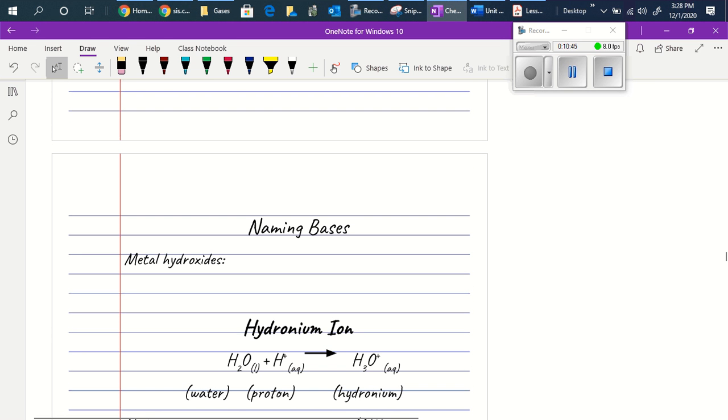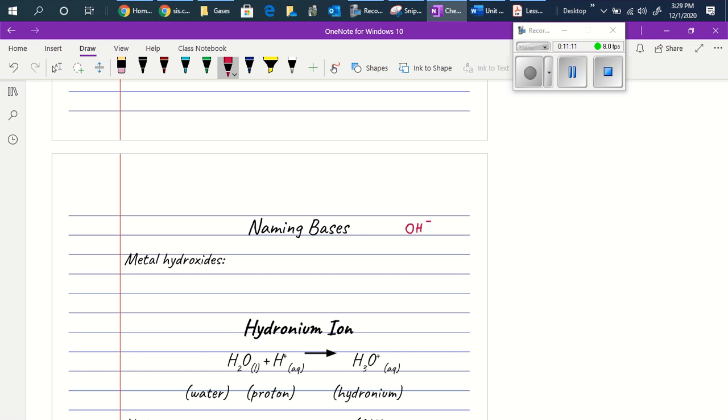When we are talking about naming the base, what we have to keep in mind is that the base always has that OH as part of the chemical formula, which is the hydroxide.